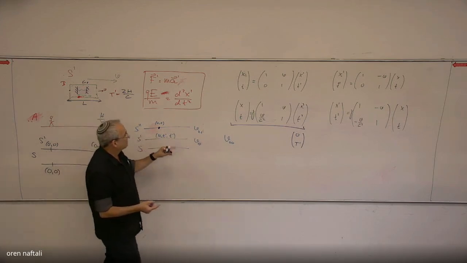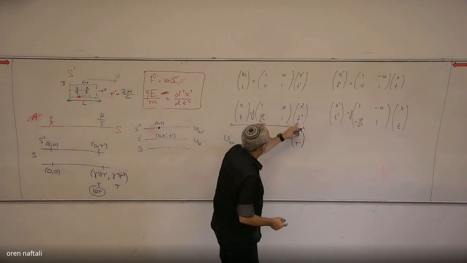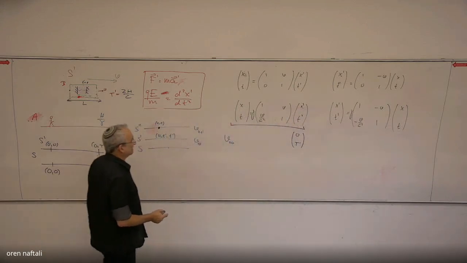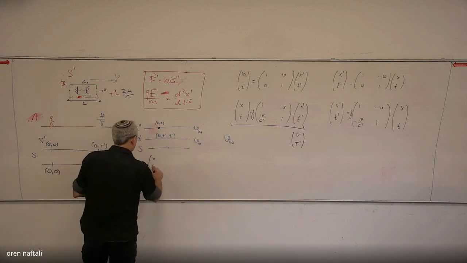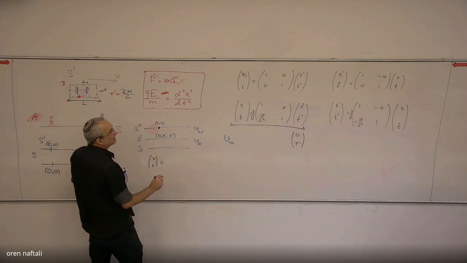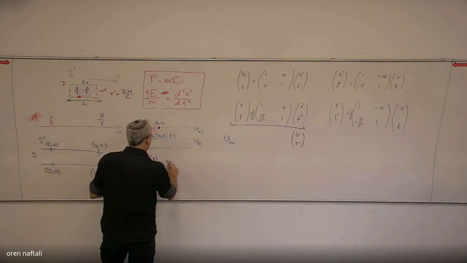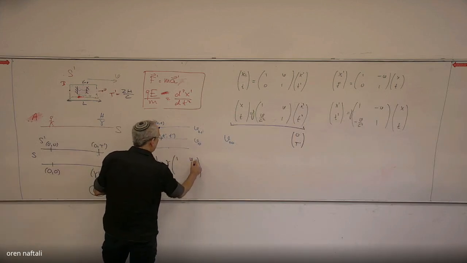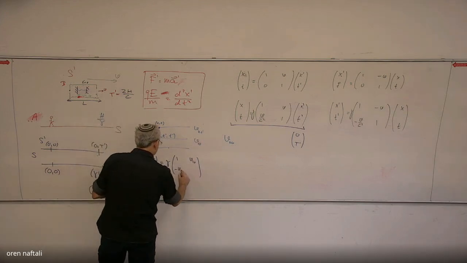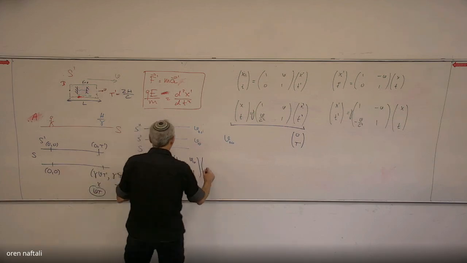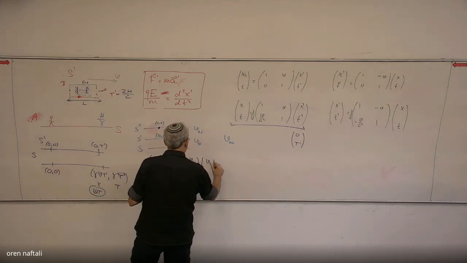Now I should take this and calculate what x and t will be in the system S. So x and t will be gamma times 1, v10, the relative velocity of these two, over c squared, times v21 t prime and t prime.